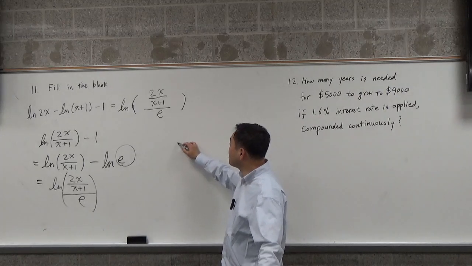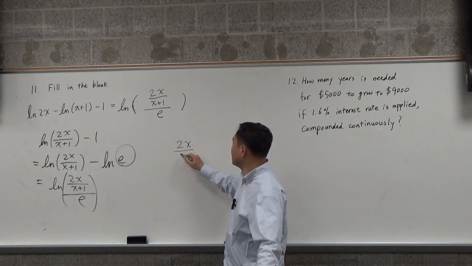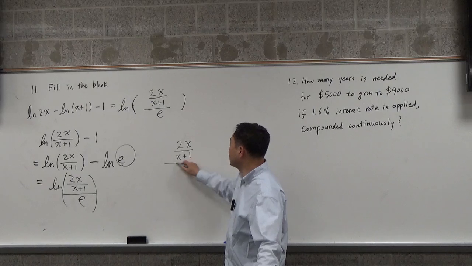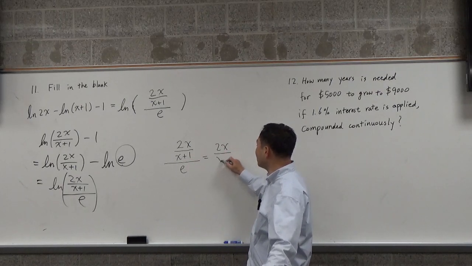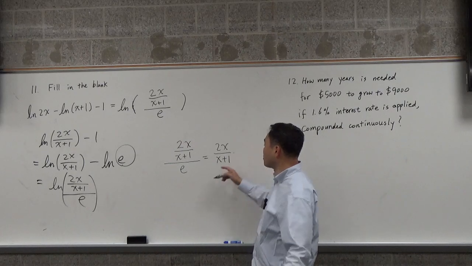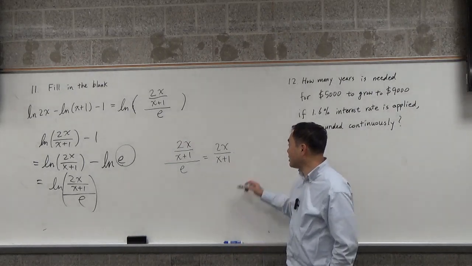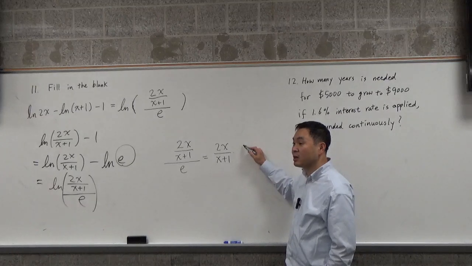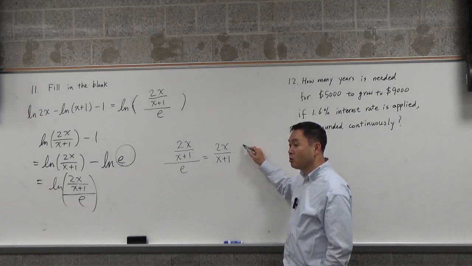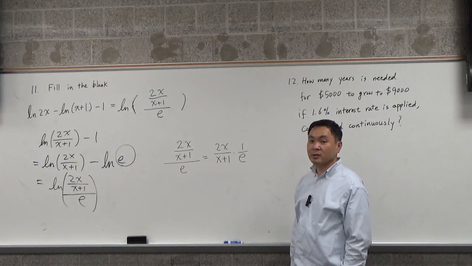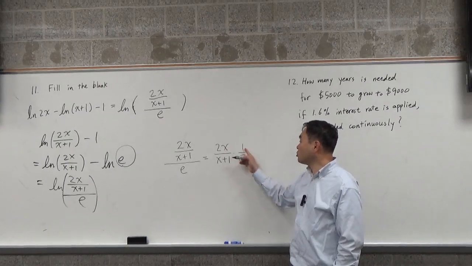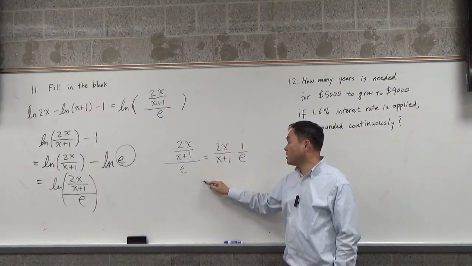Okay, so first what you want to do is you can say that division is the same as multiplication by what? By the reciprocal. So instead of dividing by e, we can say multiplication by 1 over e. And now how do two fractions multiply?